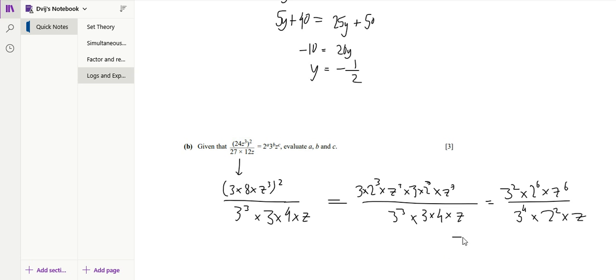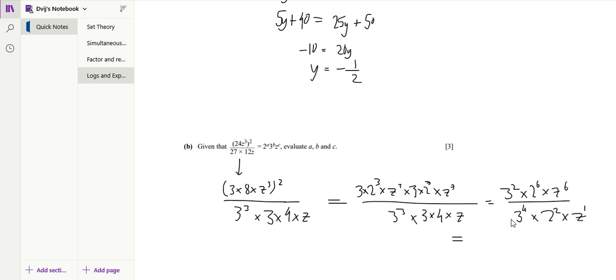So that's pretty much our second to last working step. The final thing we want to do is just simplify out the powers. So we have 3's, 2's, and z's, and they all have their own powers. This is going to be z to the 1. So all we have to do really is use our exponent rules on each individual number.